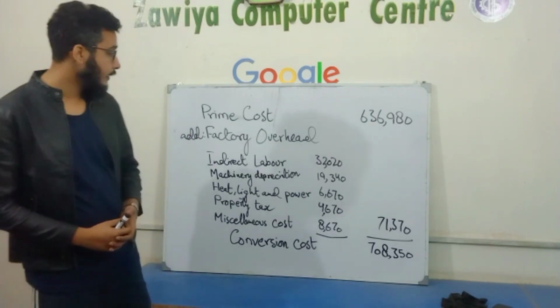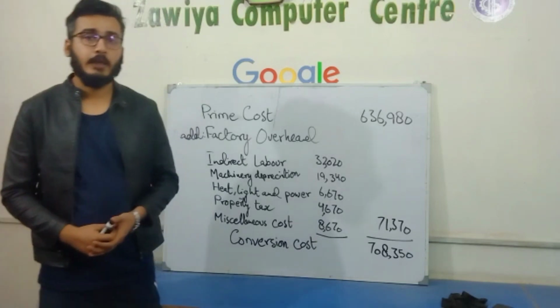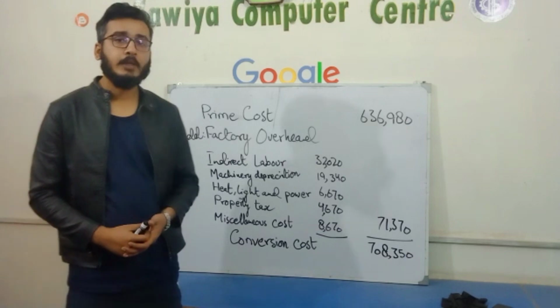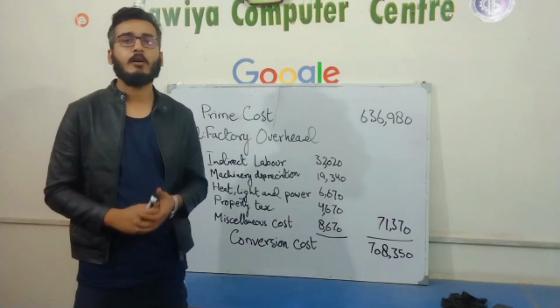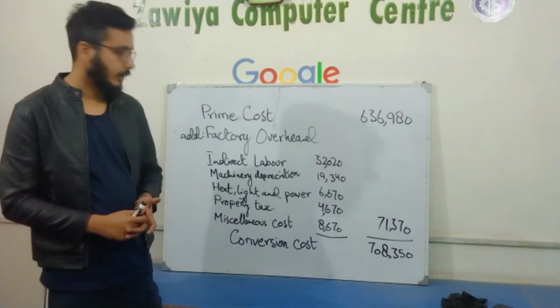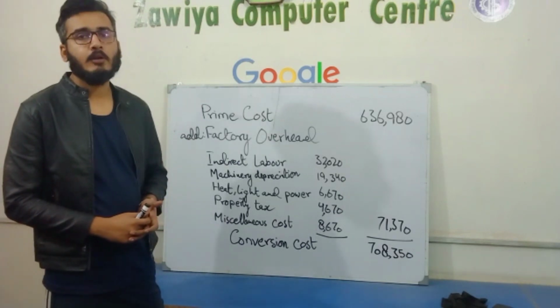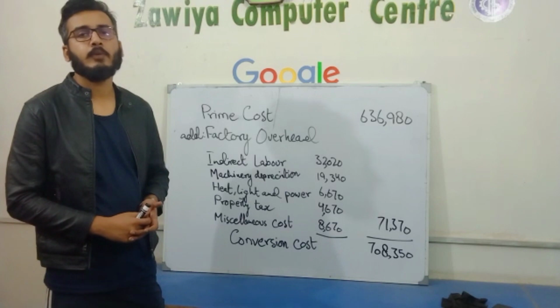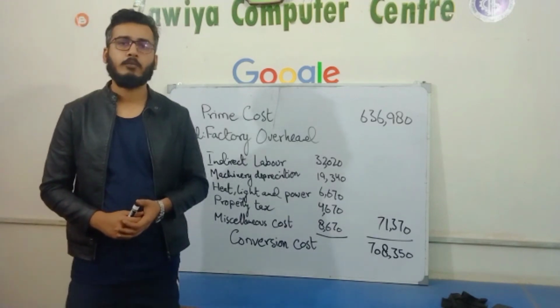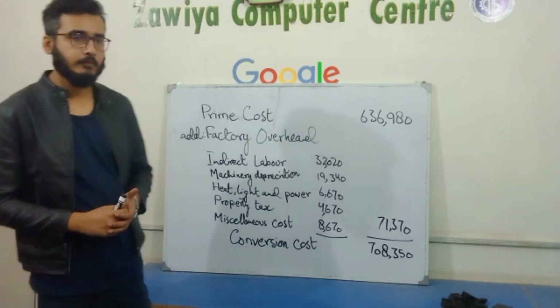Then heat, light and power, if it pertains to the factory, then it should be added. Then the property tax, if the property tax belongs to the factory building, then it should be added to the cost of the product. Then the miscellaneous cost, all the costs which should be incurred for producing a product but were not directly involved in the cost of production.